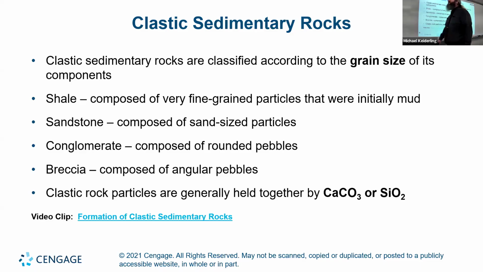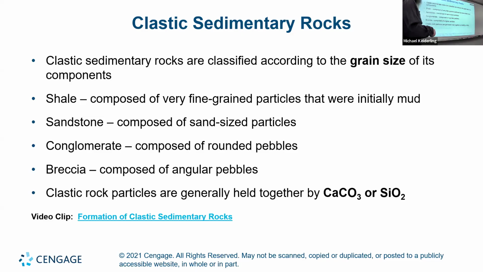I think the range for sand is something like 2 millimeters to a 16th. I don't remember the exact range. I have a table somewhere, but they're just size classifications. The line is basically arbitrary.